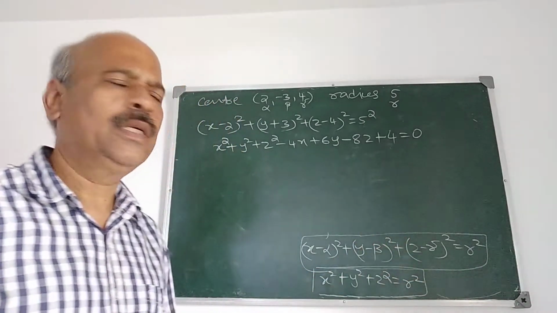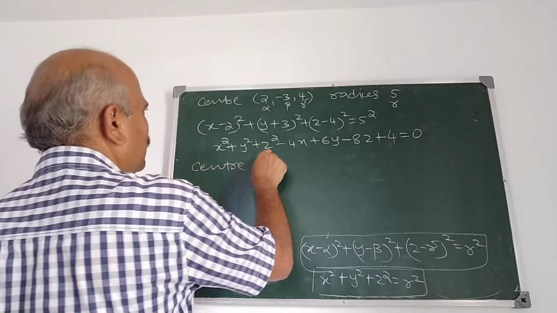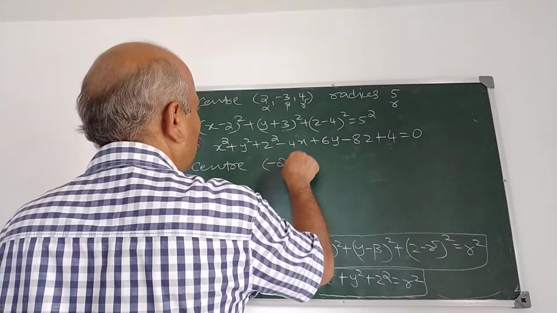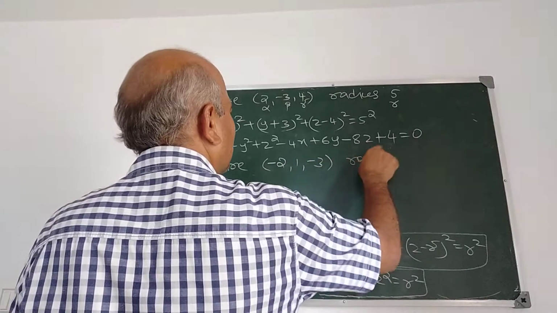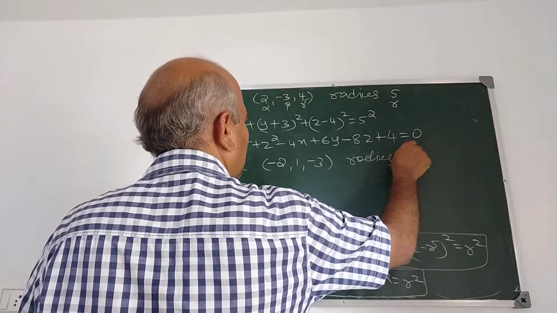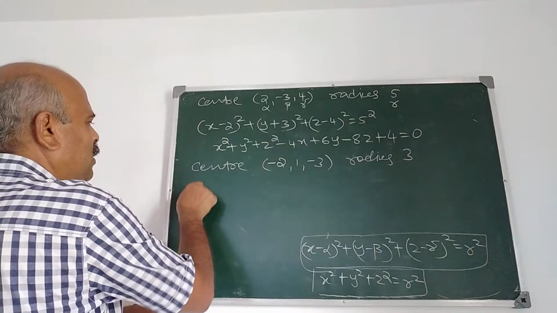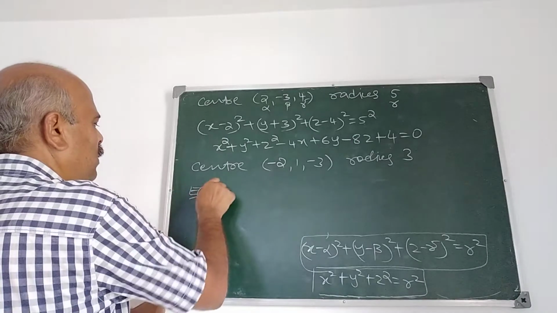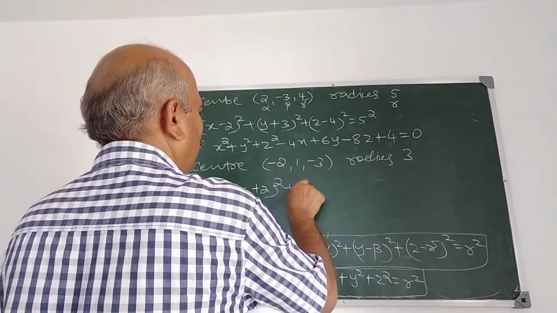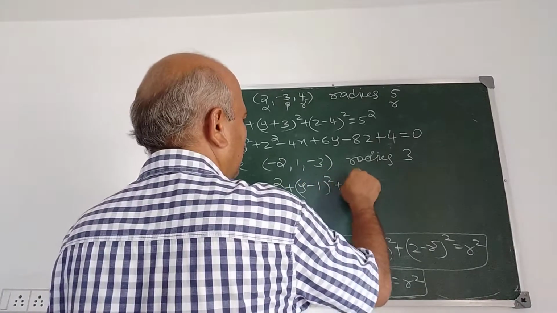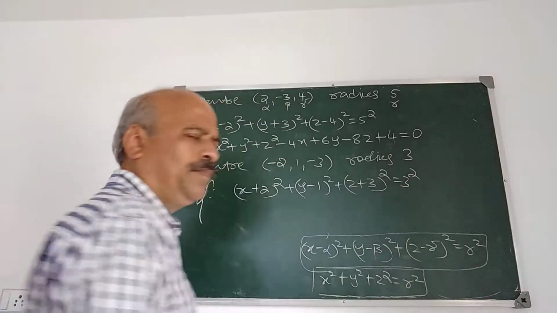One more. Center is minus 2, 1, minus 3 and radius is 3. The equation of this sphere is x plus 2 whole square plus y minus 1 whole square plus z plus 3 whole square is equal to 3 square.